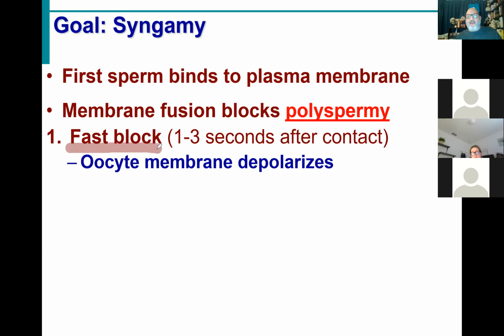This fast block happens almost immediately upon contact of the sperm to the plasma membrane. The first thing that happens is the plasma membrane depolarizes. This depolarization makes it so that basically a second sperm is not able to attach to the plasma membrane.